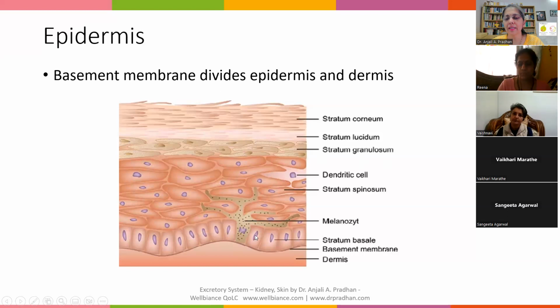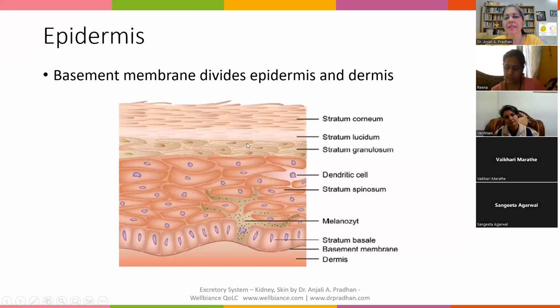And one more part, these are the keratinocyte cells. Okay, so here these cells as they start dying, उनके granules बन जाते हैं.